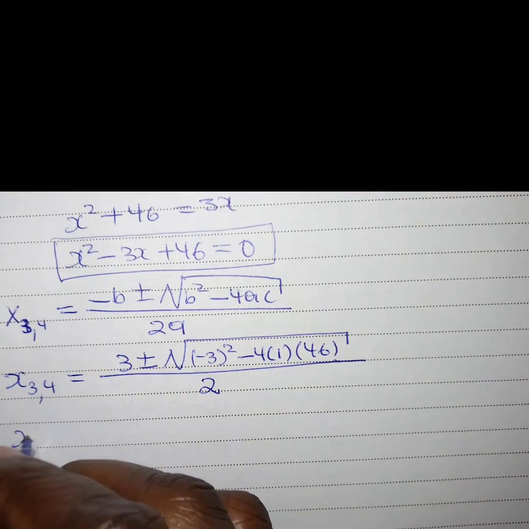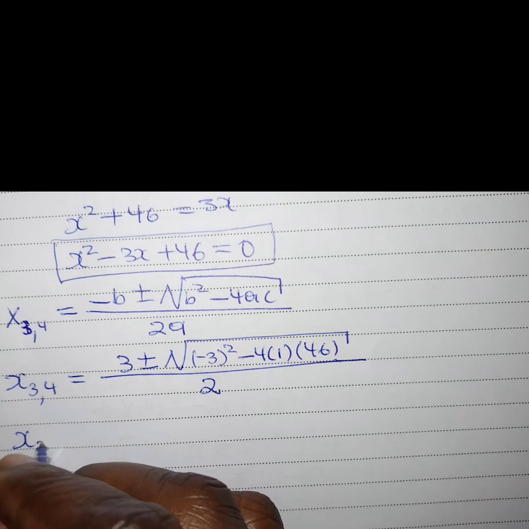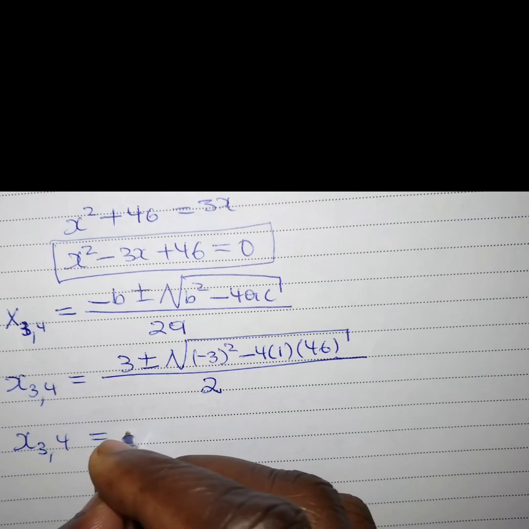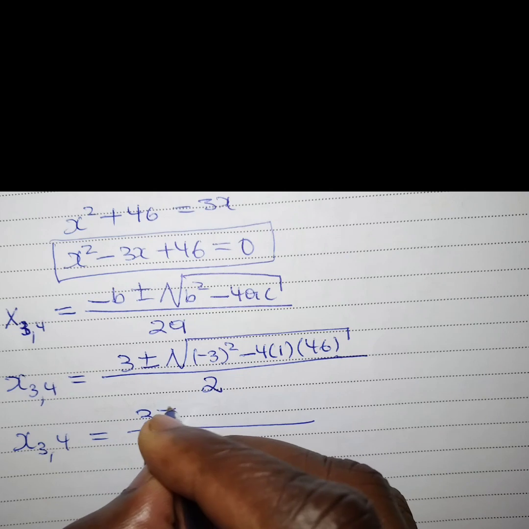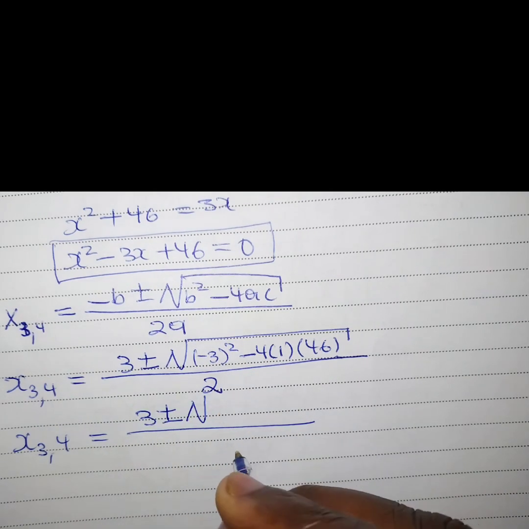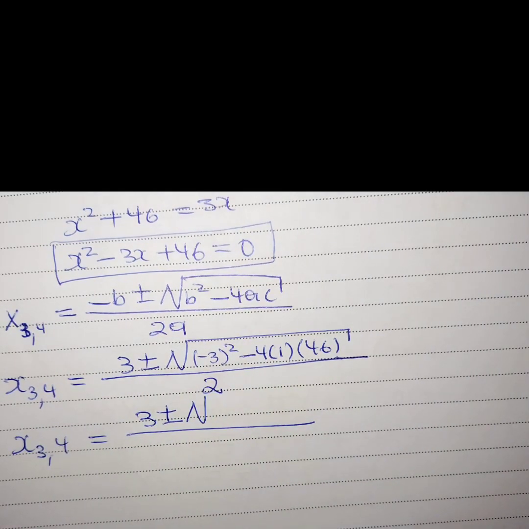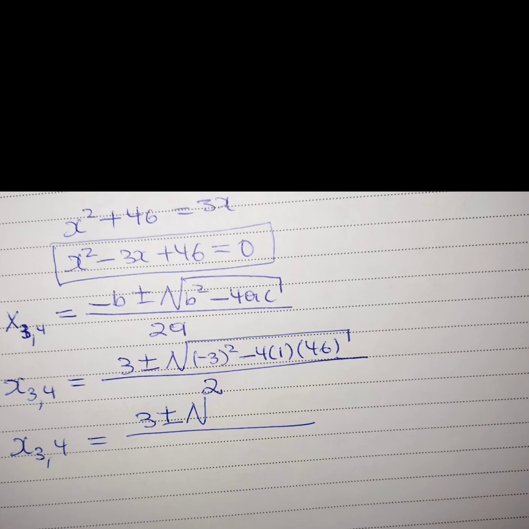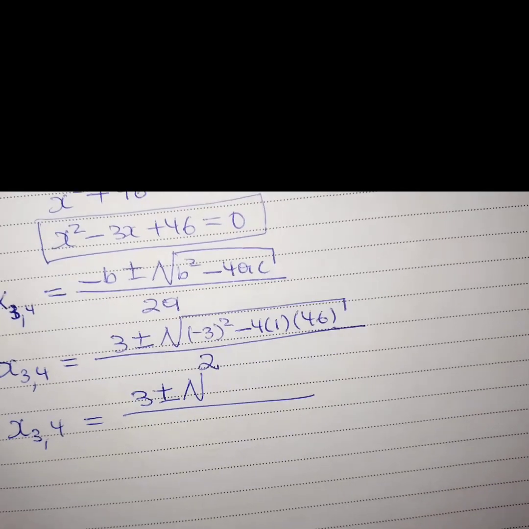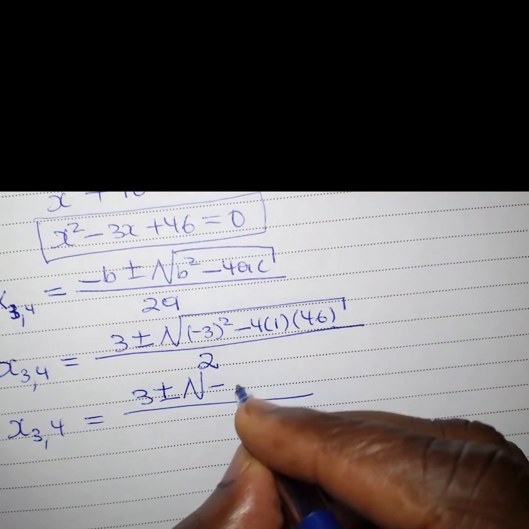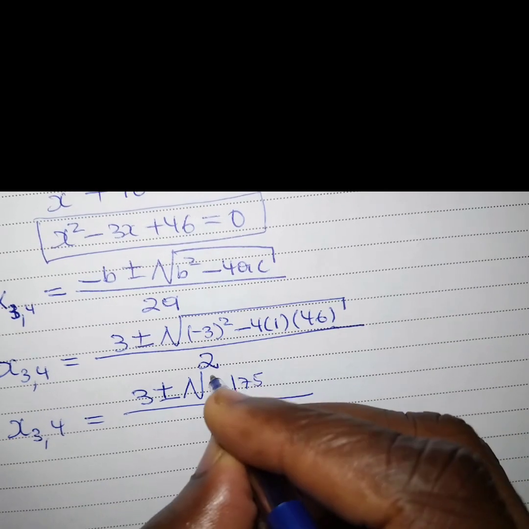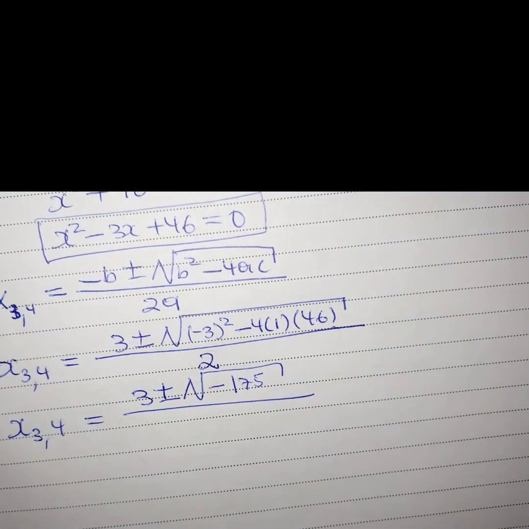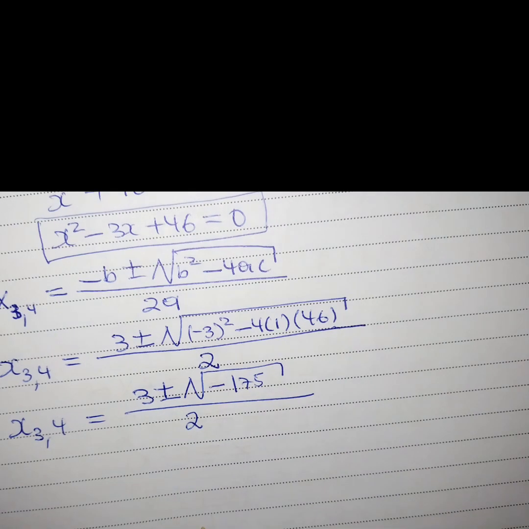So x3, x4 will be equal to 3 plus or minus square root of, using a calculator, ladies and gentlemen, we are going to have minus 175. Square root of minus 175 all over 2.